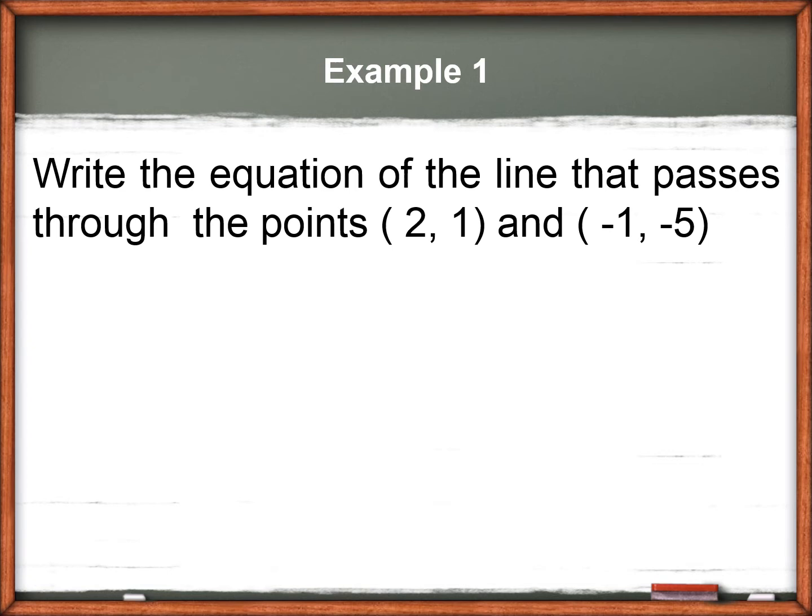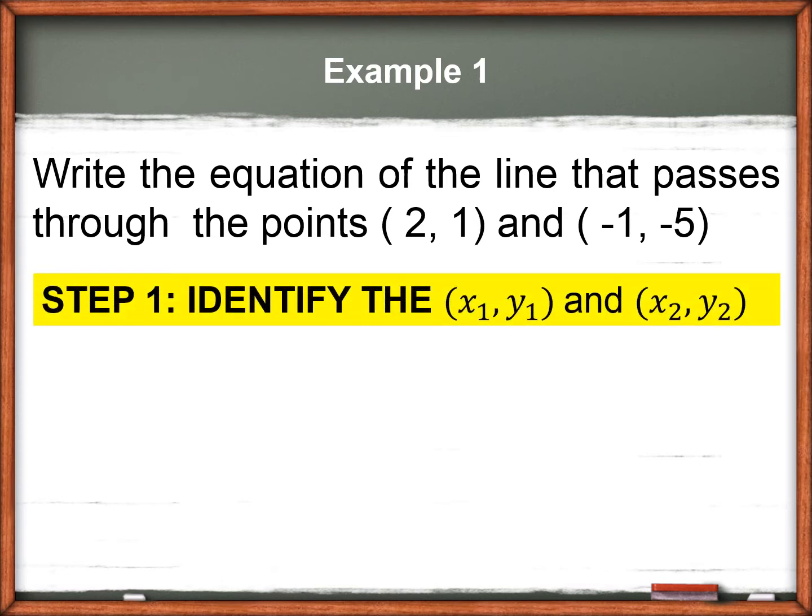Let's start with example 1. Write the equation of the line that passes through the points 2, 1 and negative 1, negative 5. Our step 1 is to identify the x sub 1, y sub 1 and x sub 2, y sub 2. In our given problem, we will label 2, 1 as our x sub 1, y sub 1 or our first point.